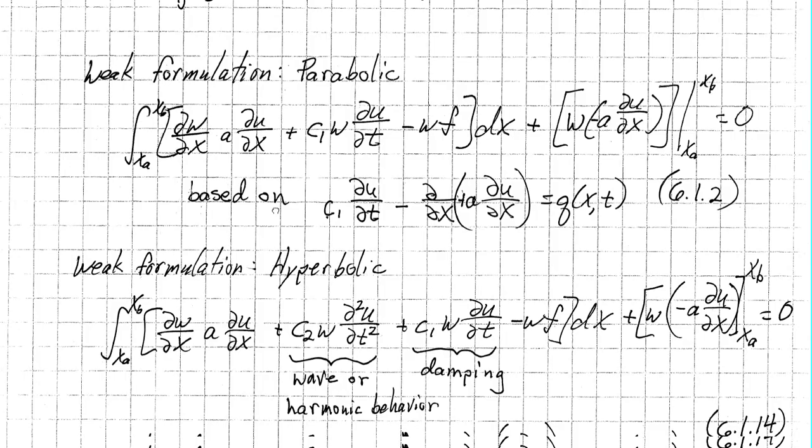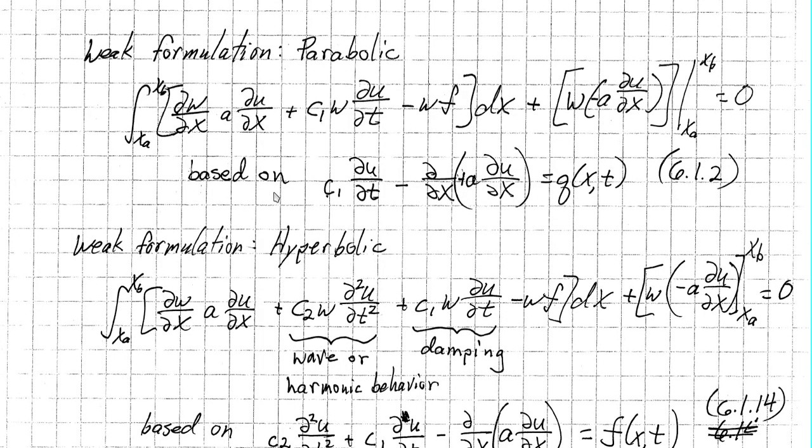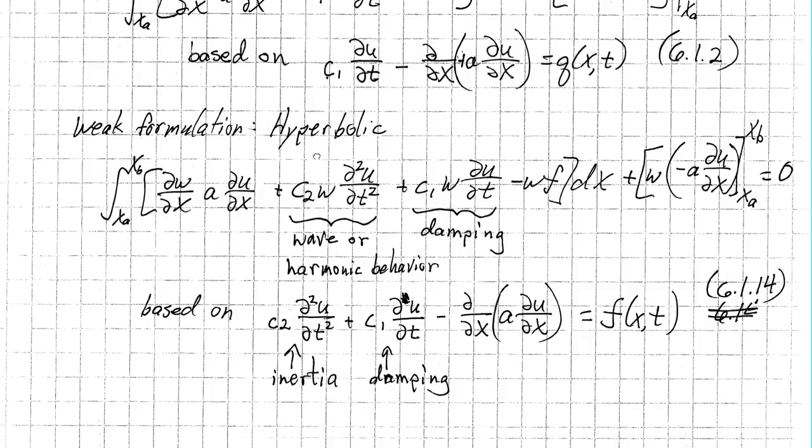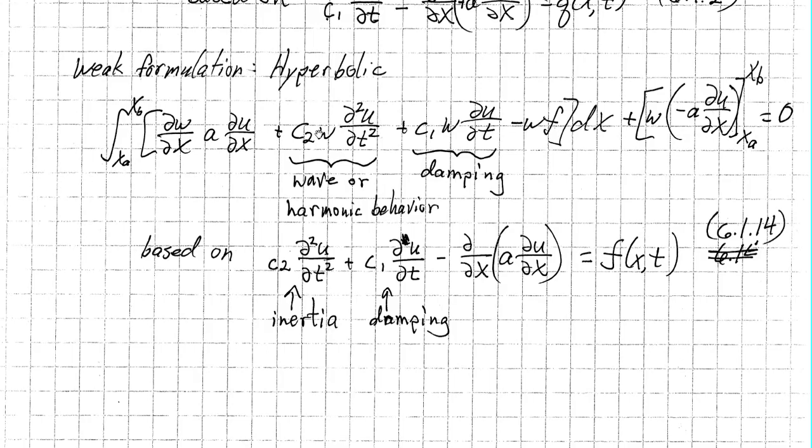Alright, so we take our ODE, put it in a weak form. We get this, which you should be familiar with now. It's based on this ODE here, first order time derivative. In comparison, the weak form for the hyperbolic equation includes this wave term. So this gives harmonic behavior.